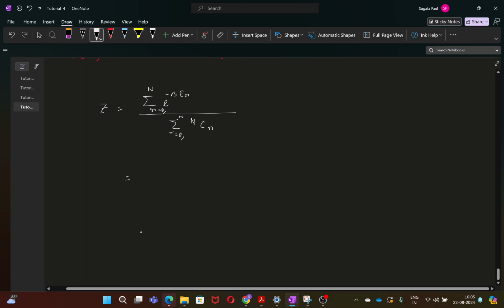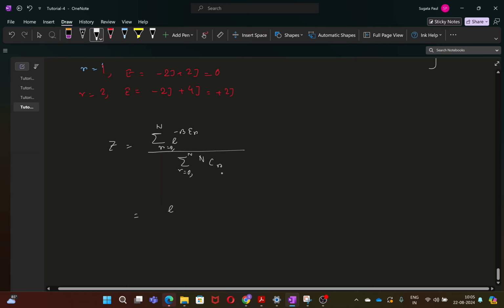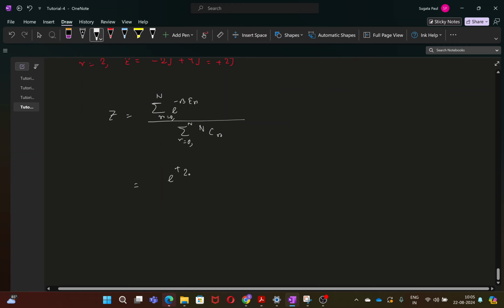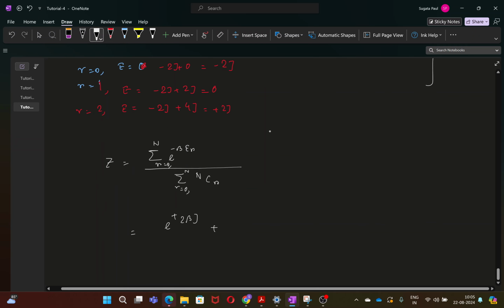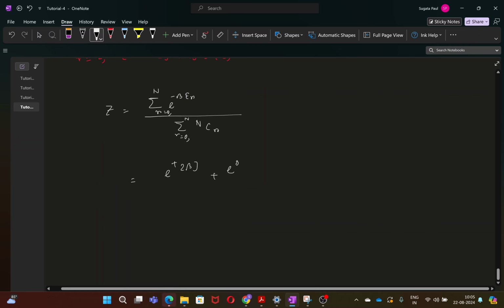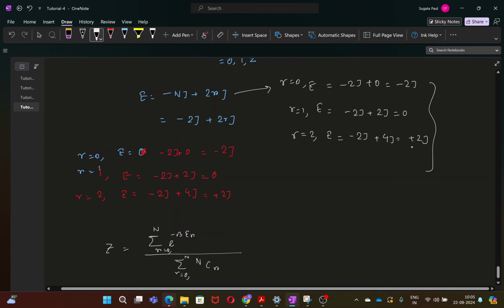You have the formula you use for the partition function. So for R equal to 0, it is e to the power of minus beta times minus 2j as the energy, so it makes it plus 2 beta j. Then plus, for R equal to 1, the energy value is 0, so it is plus e to the power of 0 simply. And the third term is for R equal to 2, where the energy value is plus 2j.